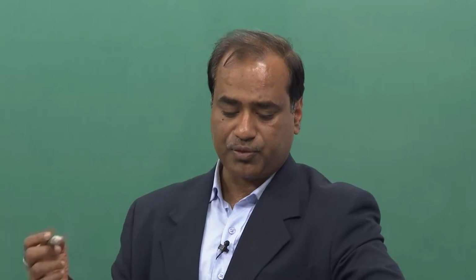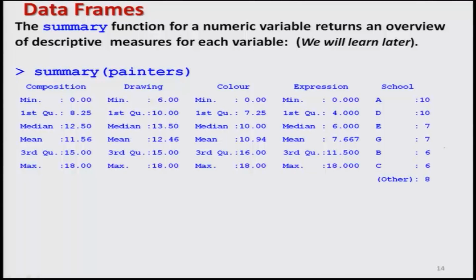Similarly, as a next example, suppose I am trying to use the summary function over the entire data set painters, then the outcome will come out to be like this. And what I am trying to show you is that when I use the data set painters, some of the variables are quantitative, they are numeric variables, and some are qualitative, that is categorical variables.